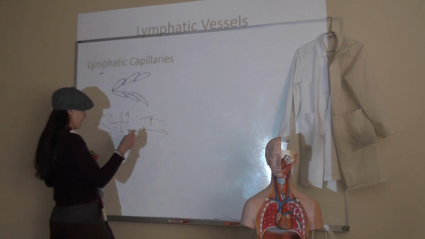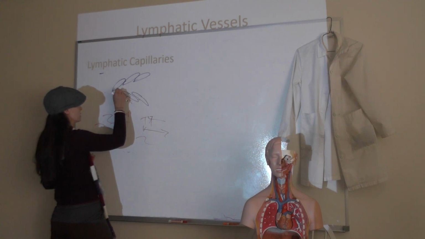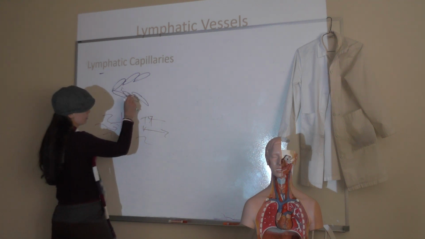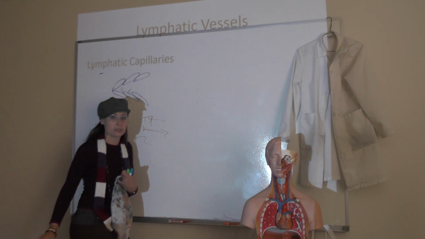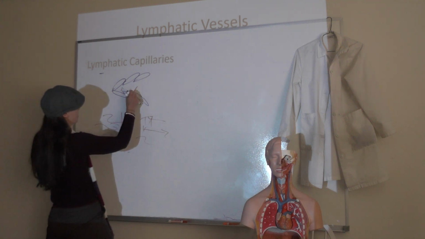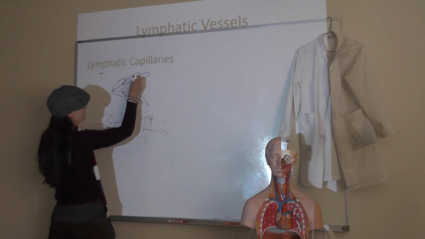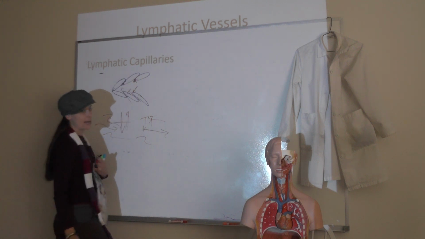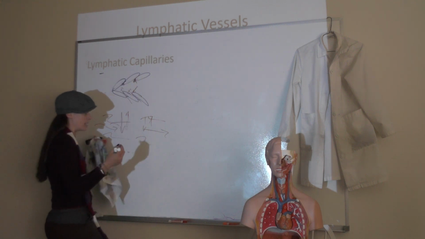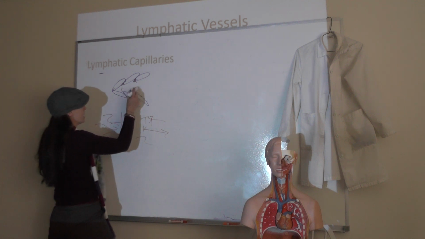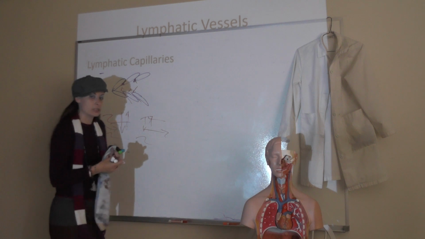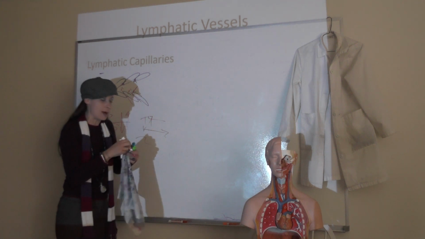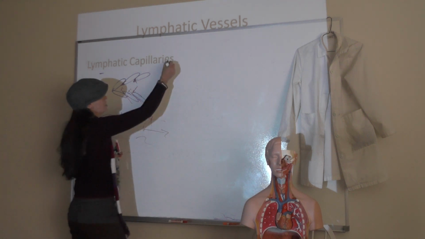In our lymphatic capillaries, all that fluid out here is going to push in through these little mini valves that are created by that shingle-like arrangement of cells, and then when the fluid pushes back, it's going to snap that valve shut. So lymphatic capillaries are different in a couple ways, and that's going to be one: they have this shingle-like arrangement of overlapping cells that creates these mini valves.